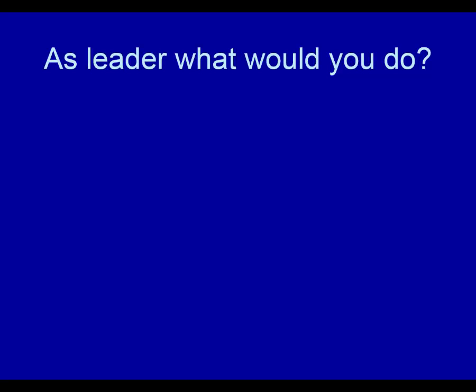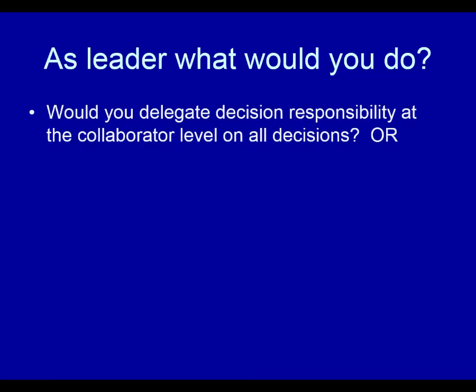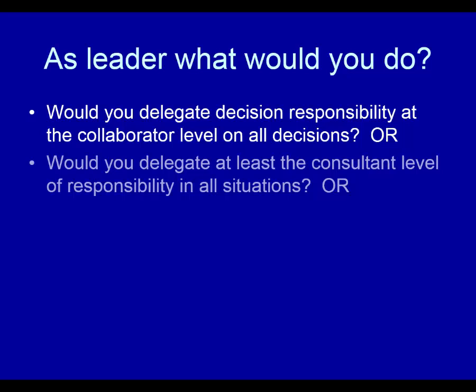Those are important considerations in regard to the question of what level of responsibility should you assign to your staff as the leader. As leader, what would you do? Would you delegate decision responsibility at the collaborator level on all decisions? Or would you delegate at least the consultant level of responsibility in all situations?